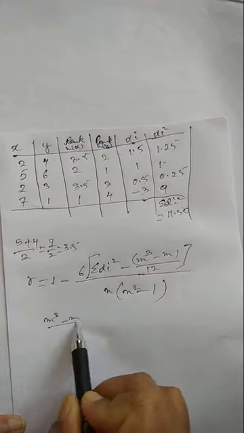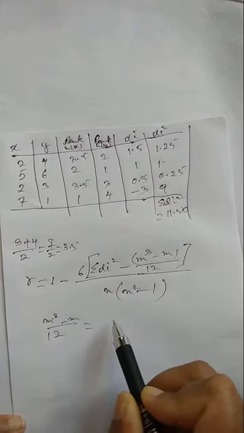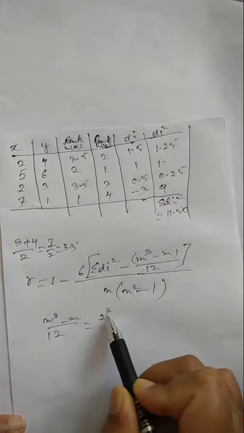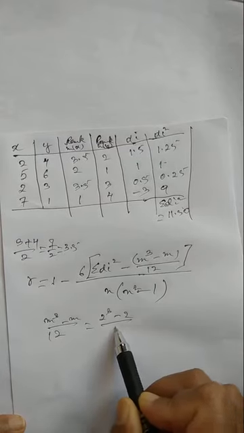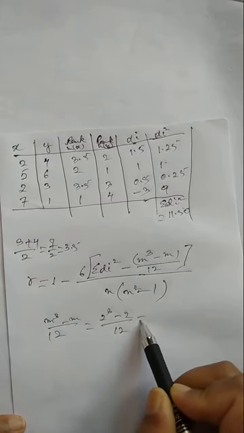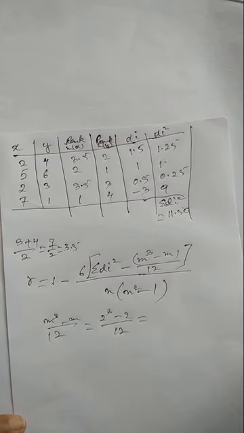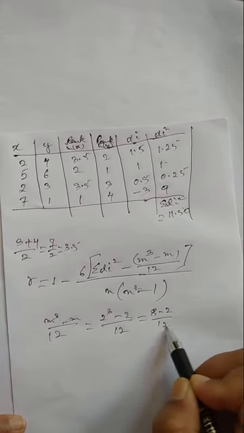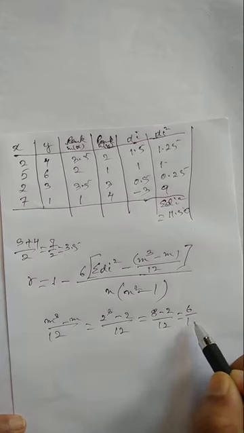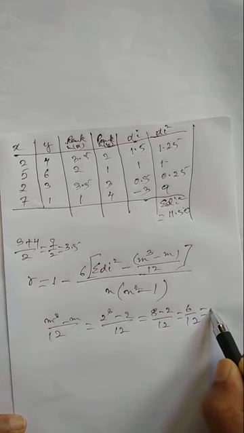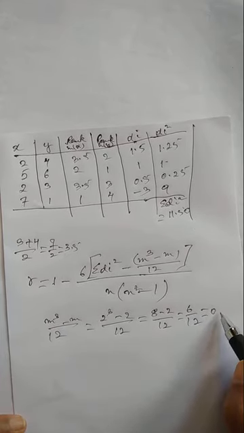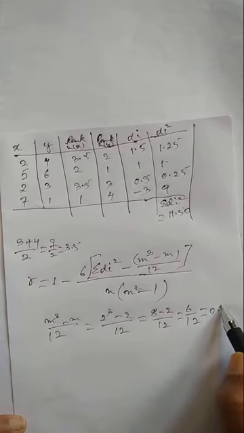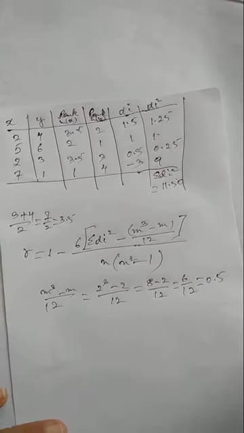I already calculated this m cubed minus m by 12, which is 2 to the power 3 minus 2 by 12. 2 to the power 3 is 8, so 8 minus 2 is 6, and 6 by 12 is 0.5.